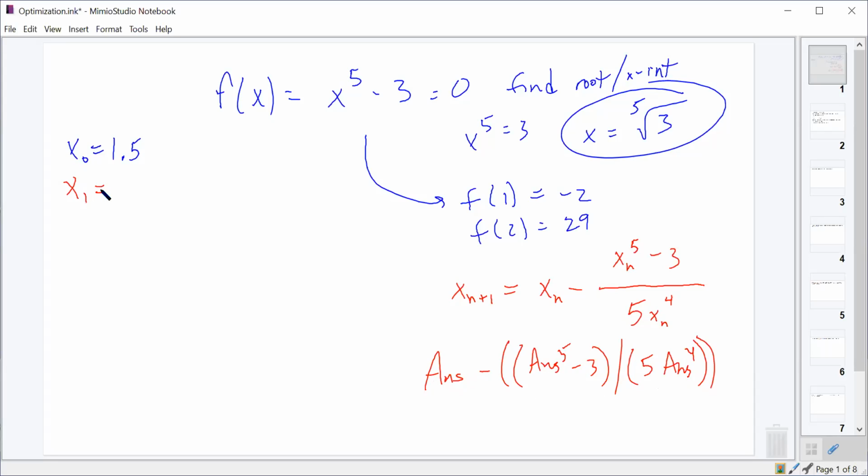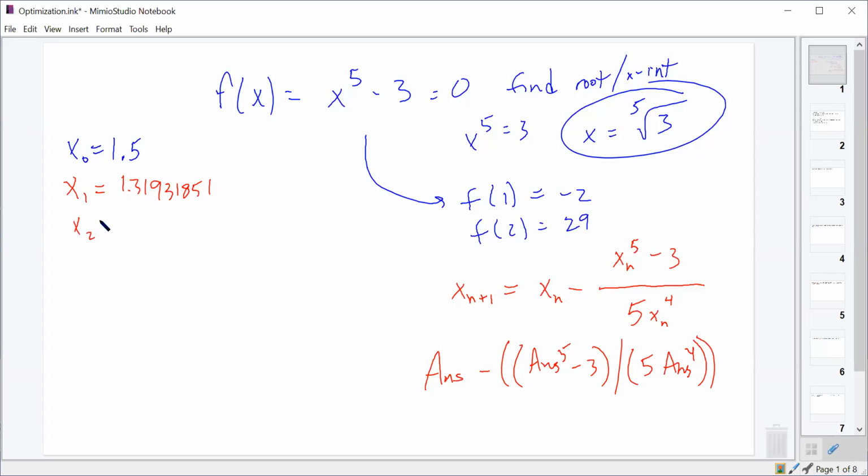So what is x sub 1? 1.3185185. Yeah, okay, cool.